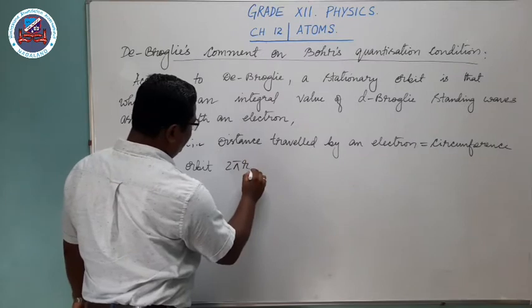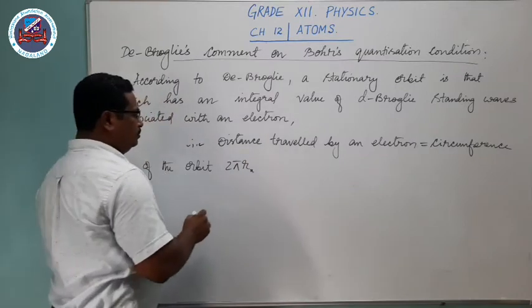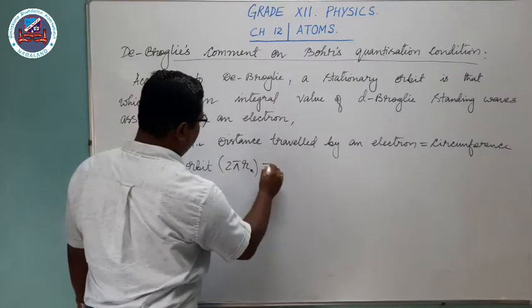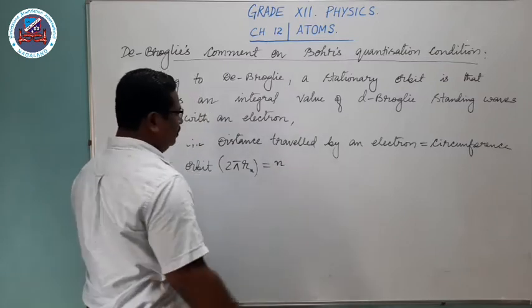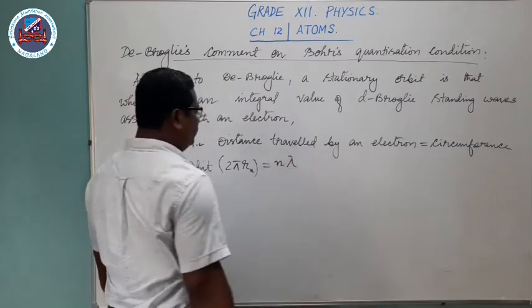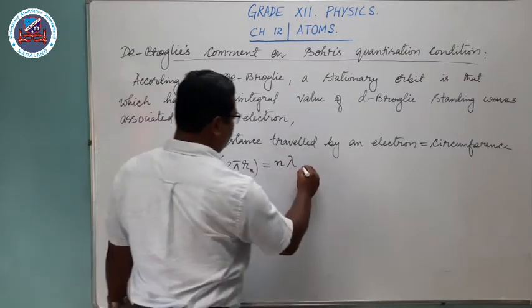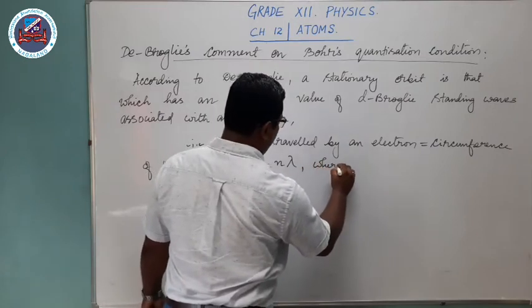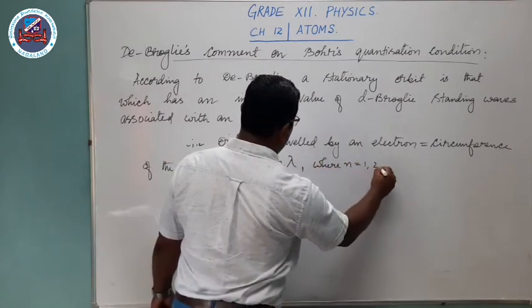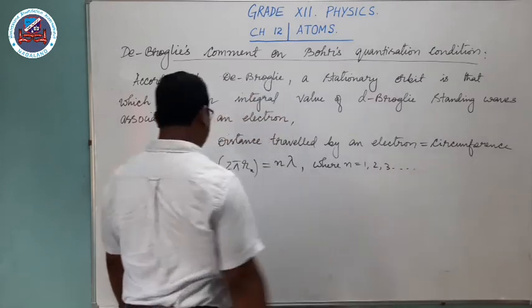If the radius of the nth orbit is r_n, then we can write 2 pi r is an integral multiple of de Broglie's standing waves, where n takes the value 1, 2, 3 and so on, the principal quantum number.